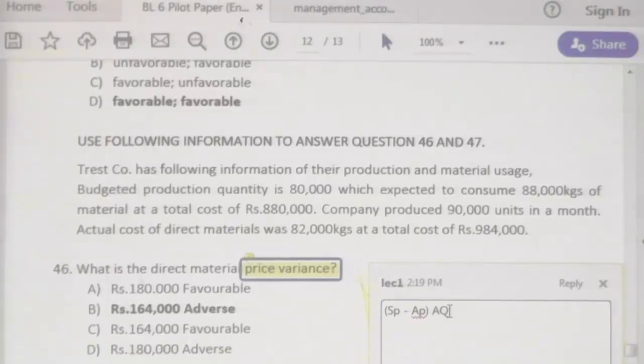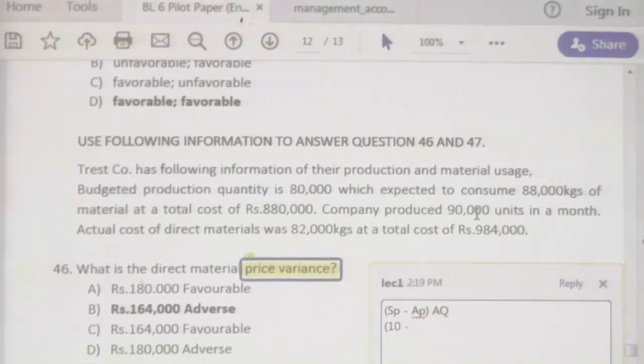Therefore, the standard price per unit is 10. Why? Because of this information: 80,000 units budgeted, quantity required, cost budgeted. 880,000 divided by 88,000 gives 10 per unit.